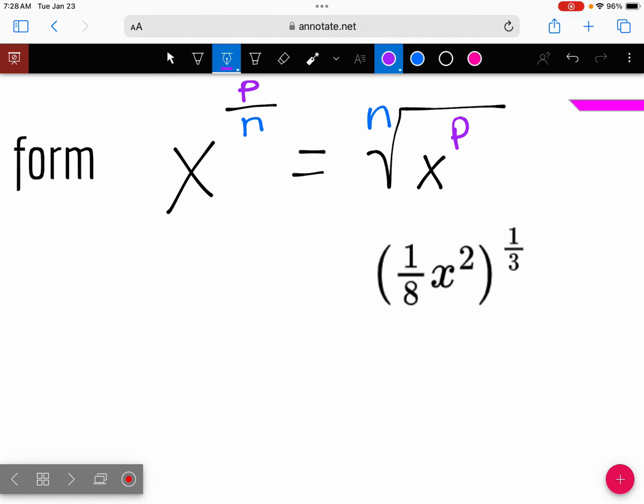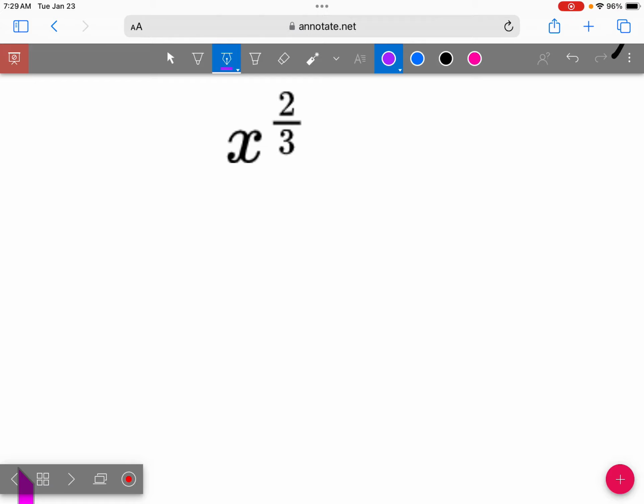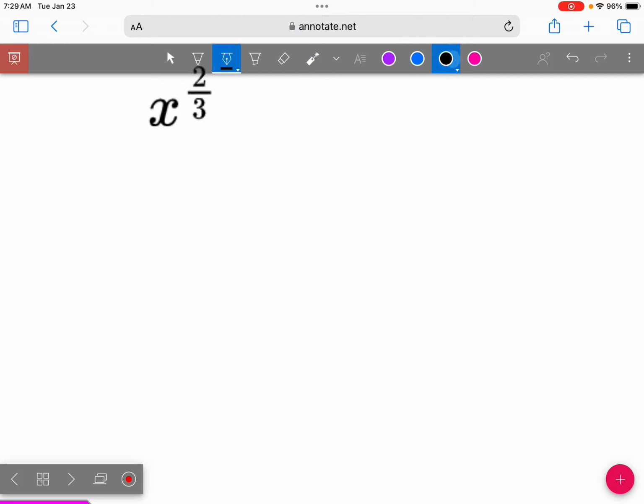So what we're going to do is we're going to switch them around. So x to the 2/3 becomes what kind of root? Which one of these is the index? The 3. The denominator is our index every time.